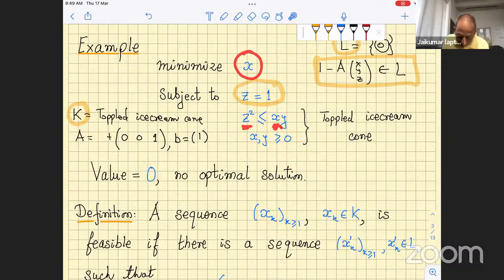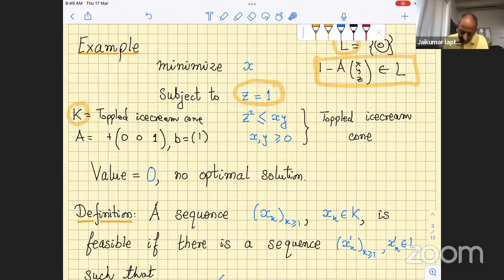We can make X arbitrarily small. I can make it 1 over 10 and choose Y to be 10, or make X to be 1 over 100, make Y to be 100. So for any small value of X, we can take Y to be 1 over X, as long as X is greater than 0. So within this system, we can make X go down as much as we want, but never quite touch 0.